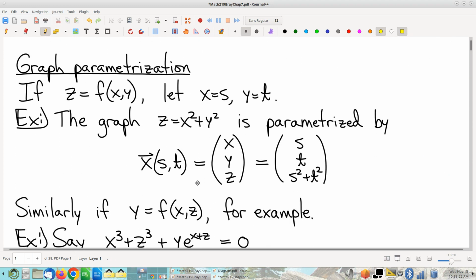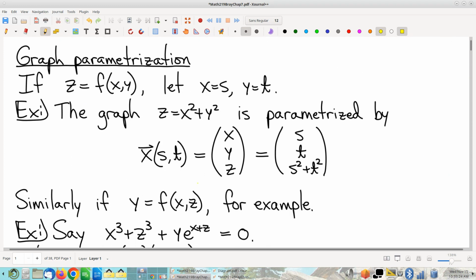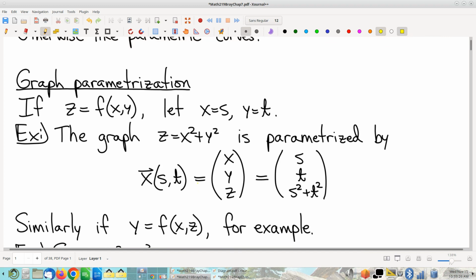All right, so another example. Y'all will recall graph parameterizations. The big idea was whatever your input variable, singular, is, let that be your parameter. Here we have two parameters. Whatever your input variables, plural, are, let those be your parameters, plural.